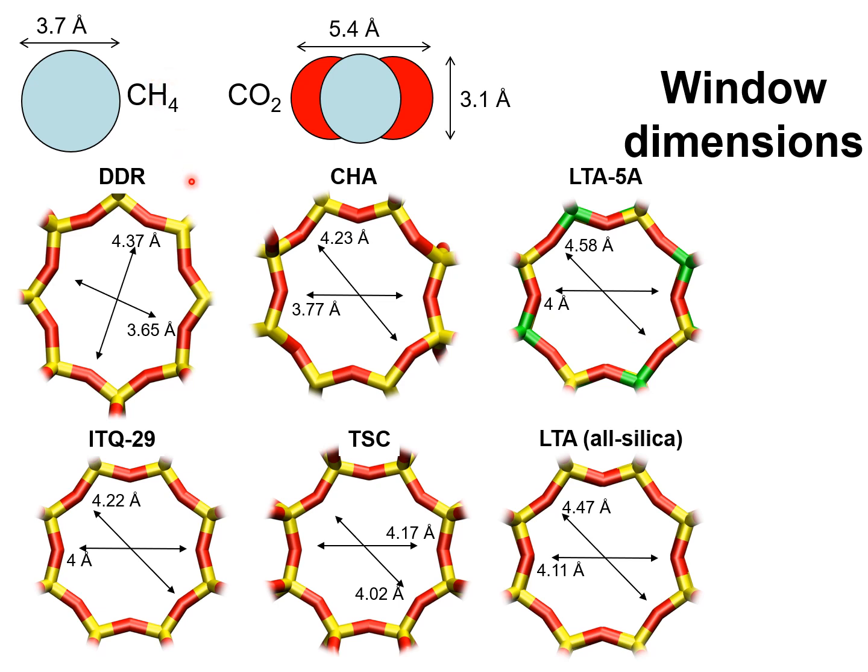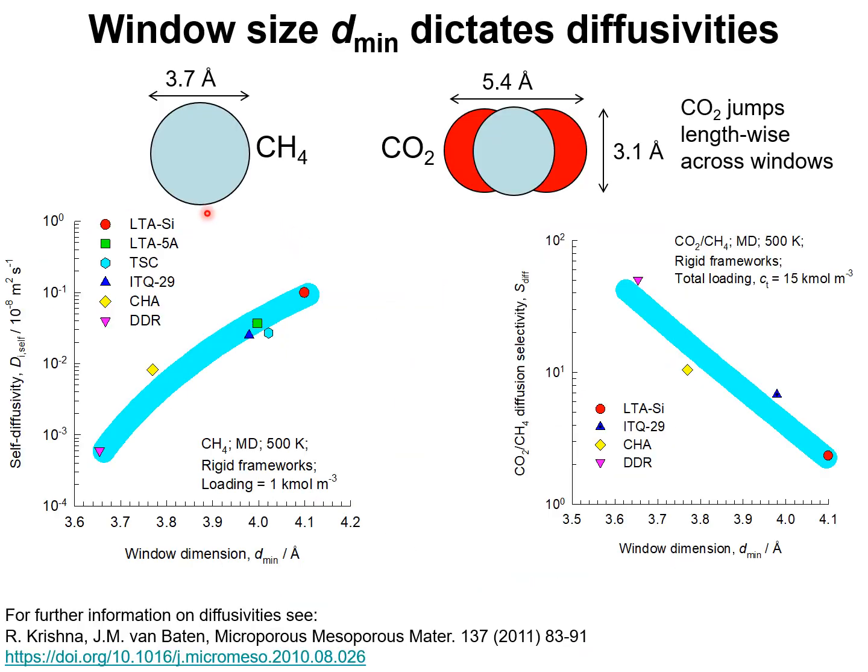Let's examine the diffusivities of gas molecules such as methane and carbon dioxide and nitrogen in such structures. The graph on the left-hand side plots the diffusivity of methane in various cage window structures.